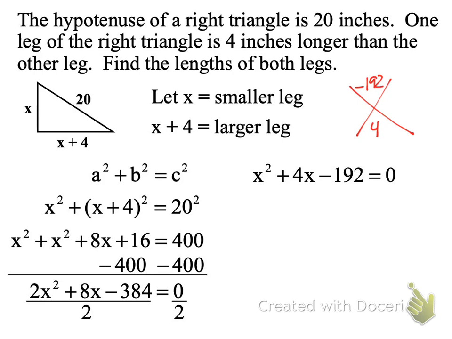Think about this. It's 4 digits apart, right? This tells us how far away they are. So what's the closest perfect square? 196. That is 14 squared.